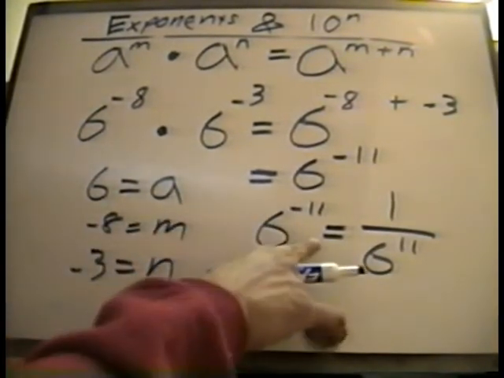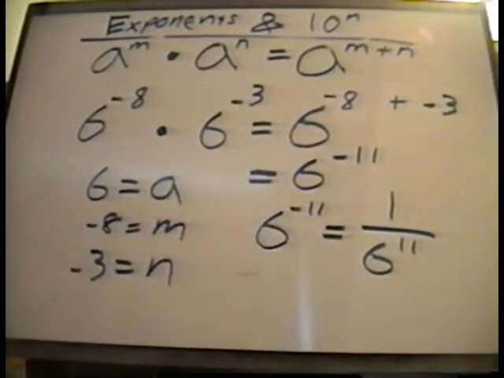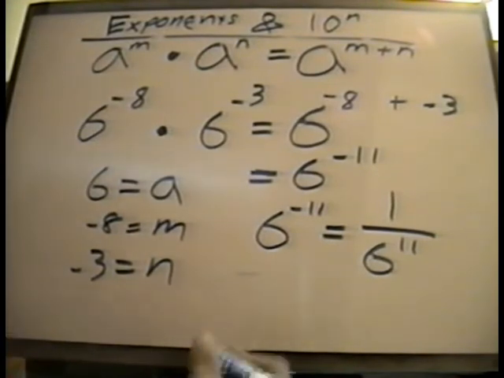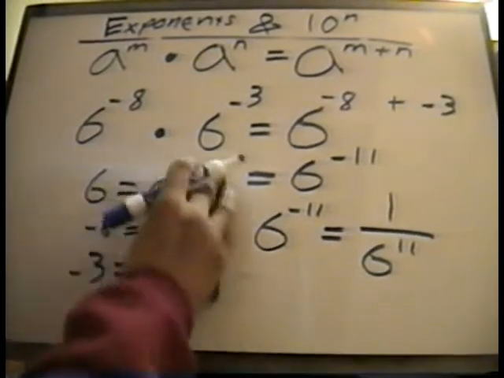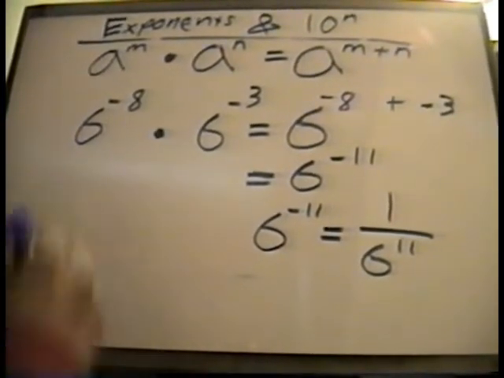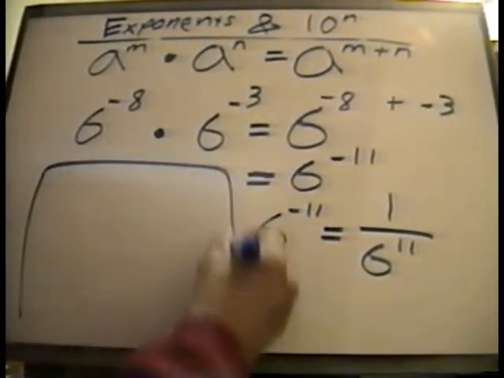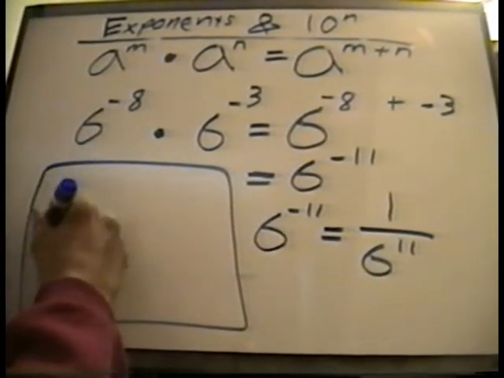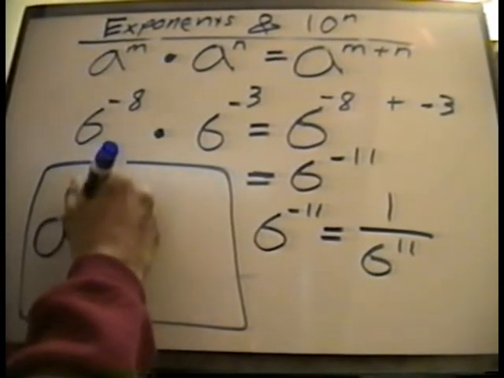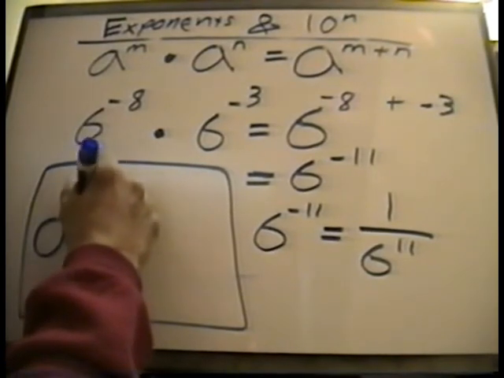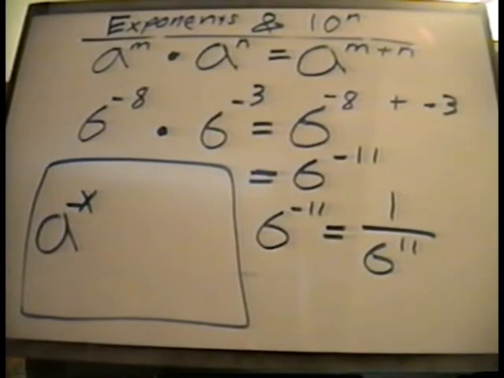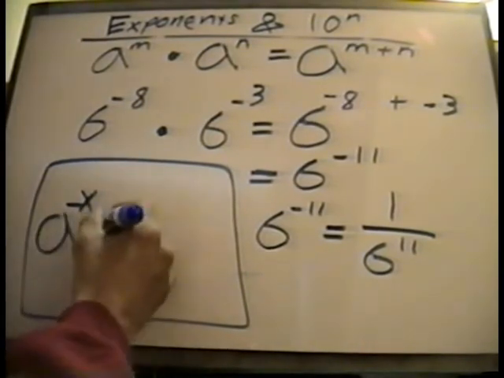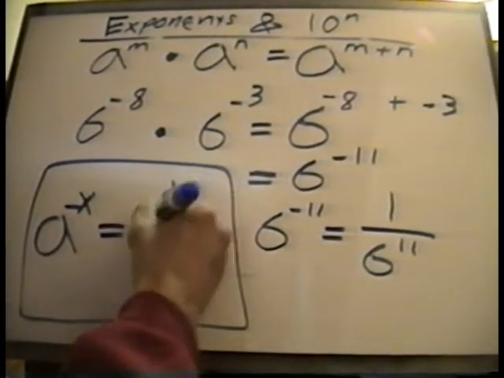So we have our next rule. I want you to write down, that is, if we have an exponent to the power of a negative, you have a negative exponent, that becomes 1 over the positive form of that exponent.